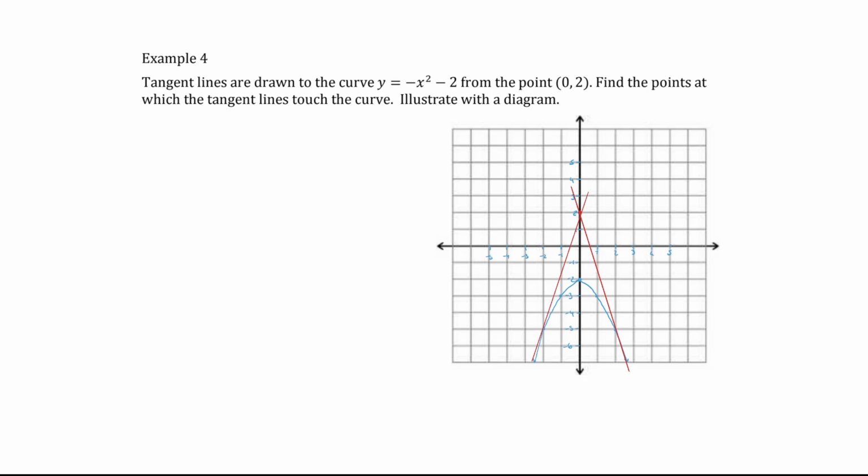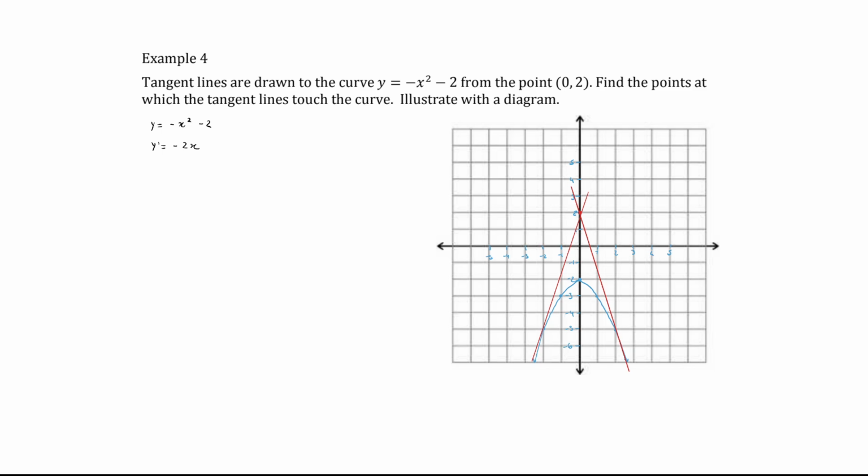All right, let's do that. We are given a function, y is equal to -x squared minus 2. And immediately with any question like this, right, we want to find the derivative. So y prime is going to be equal to -2x, okay? So a fairly simple derivative.